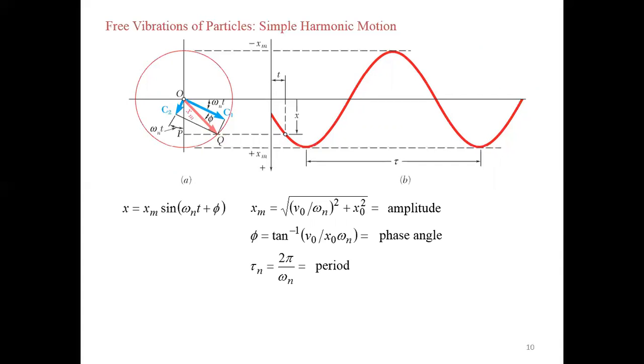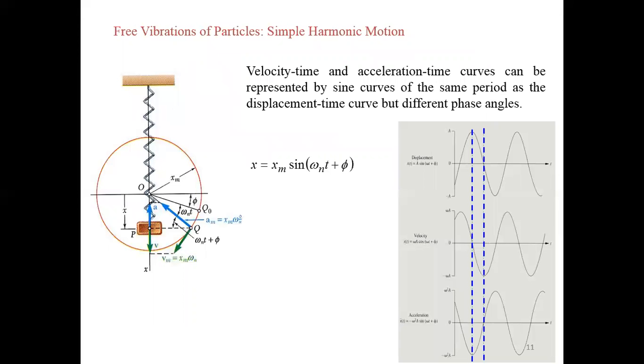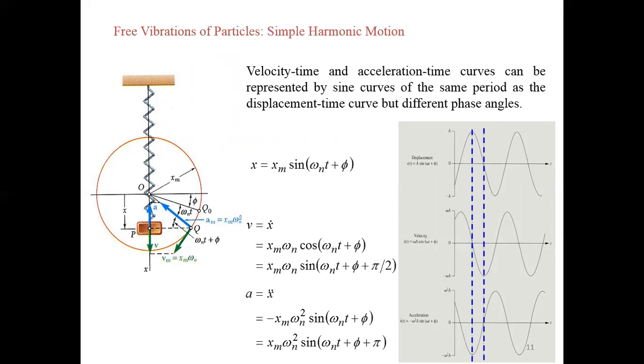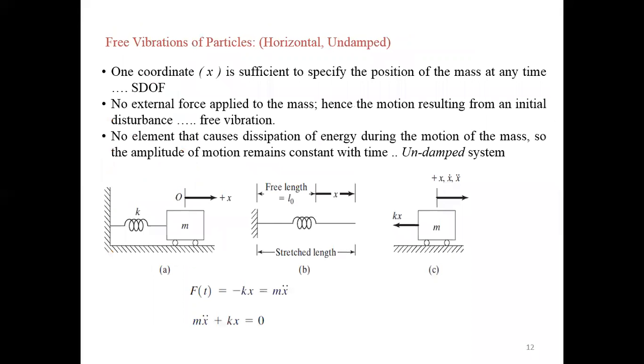The time period is Tn equal to 2 pi by omega n, and the natural frequency is omega n by 2 pi. The velocity-time and acceleration-time curves can be represented by sine curves of the same period as the displacement-time curve but with different phase angles, right? So all this solution is for simple harmonic motion for the single degree of freedom vibration system.